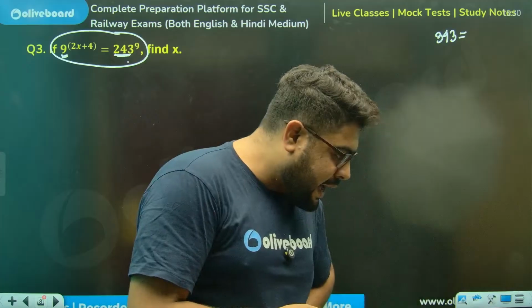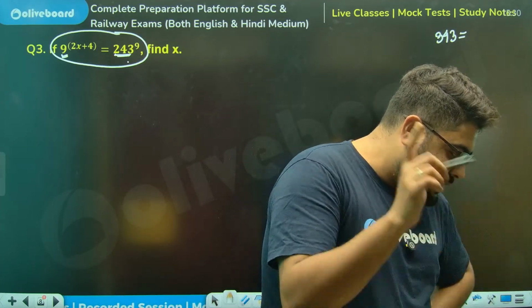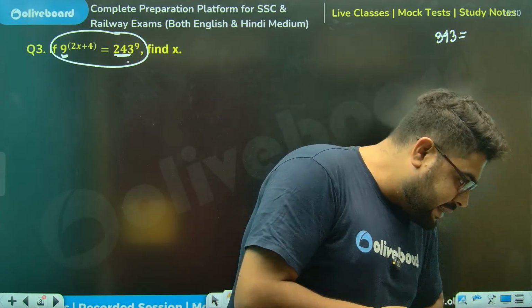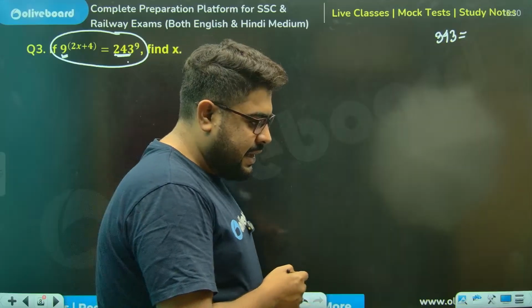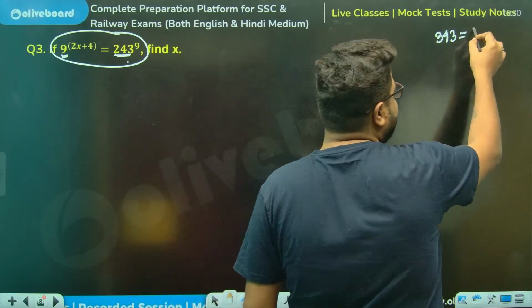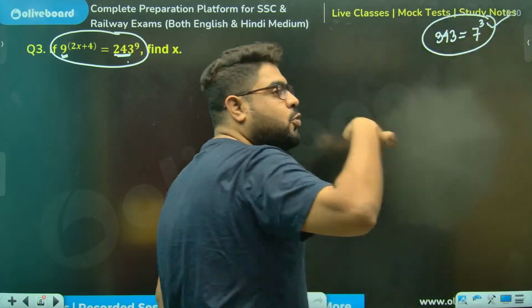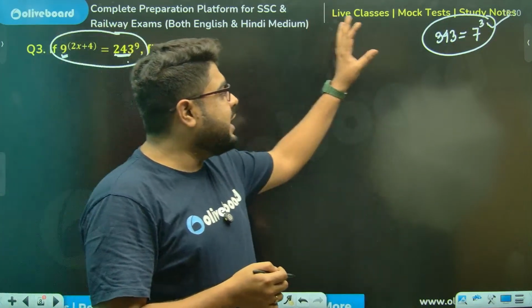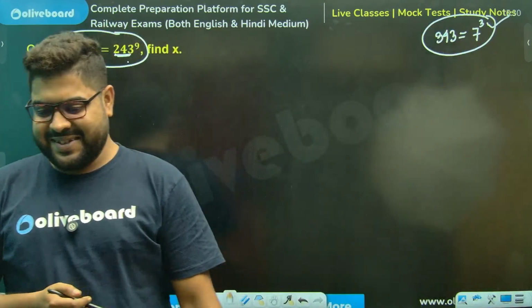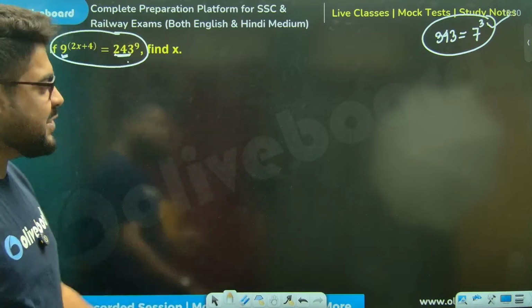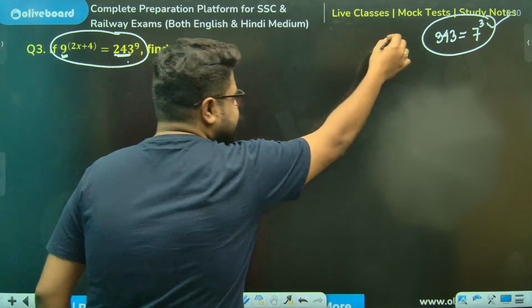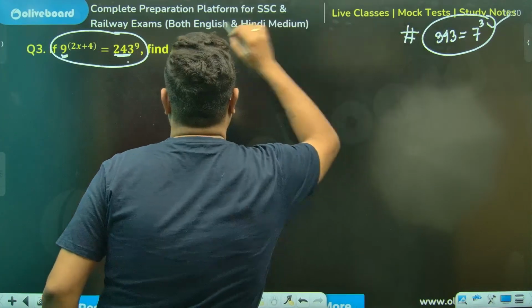Madhuri, Ramna, everybody has given the answer. Jitendra has also given the answer. Yes, this is 7 cubed, sir. Perfect. So again, you have to be very comfortable using these numbers. That's extra, it has nothing to do with this question.